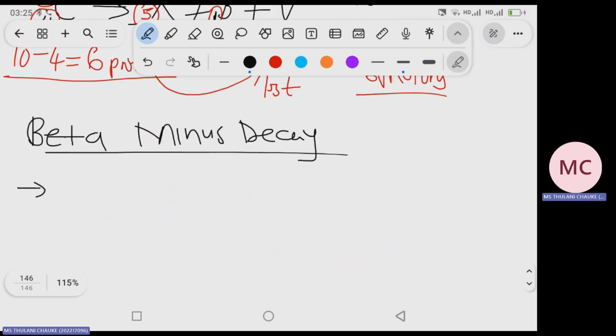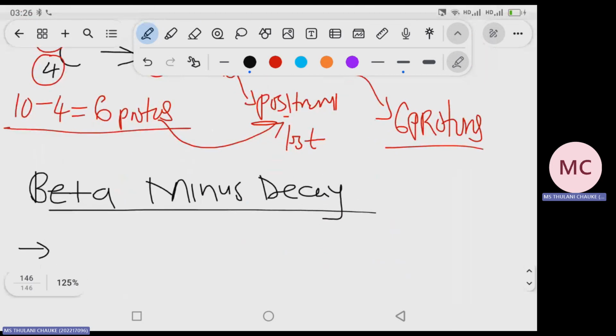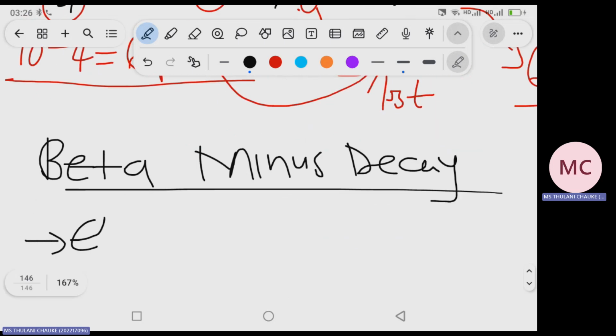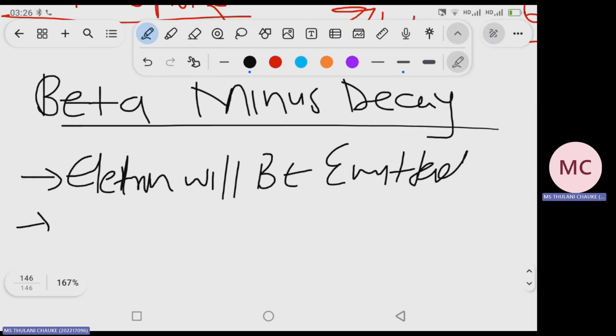So you must also know the properties. They are the opposite of each other. Here, an electron, not a positron, will be emitted, and then also an antineutrino.